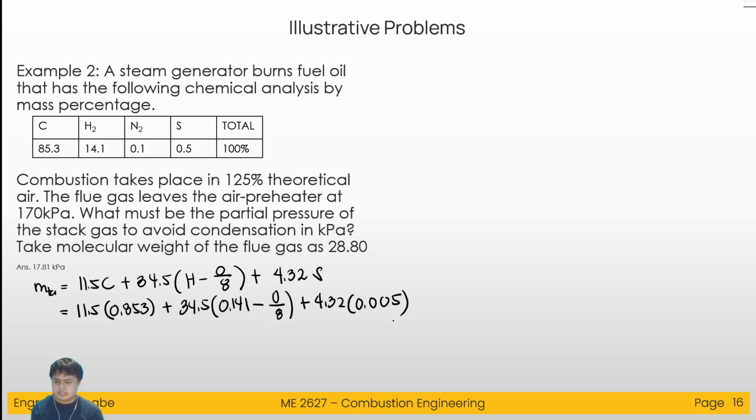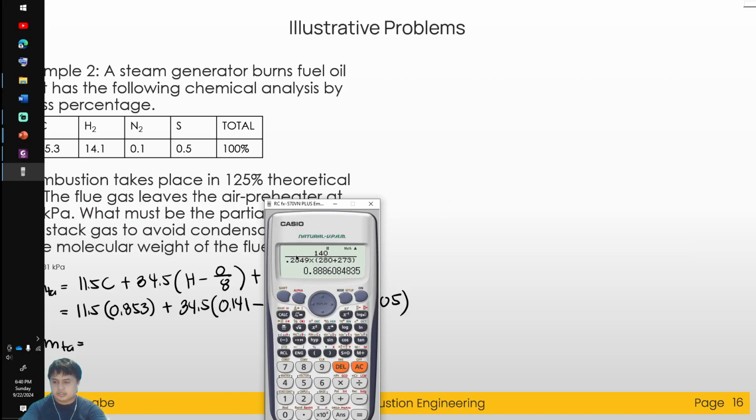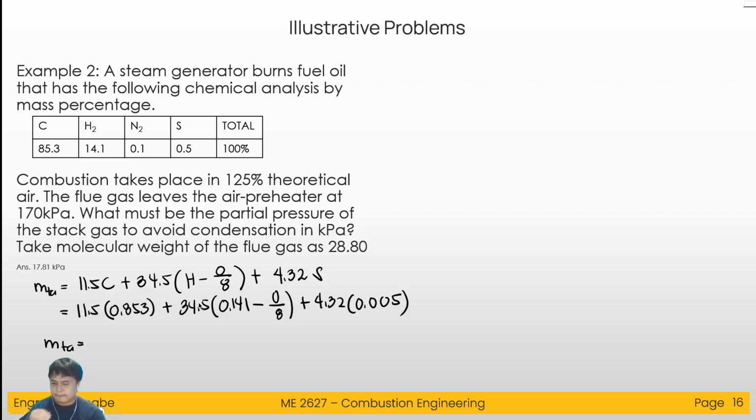Okay. So the mass of the theoretical air, or the air-fuel ratio of theoretical air, is 14.70.